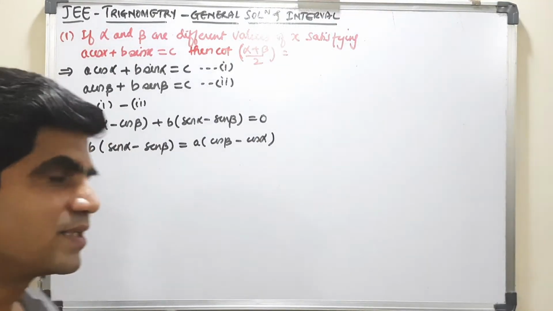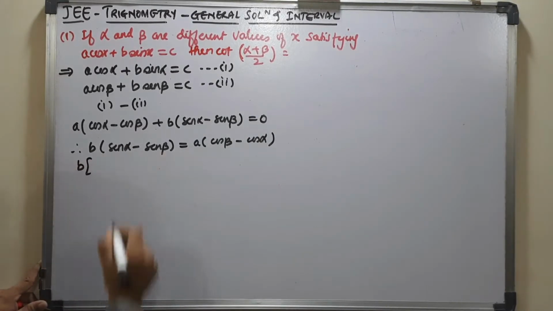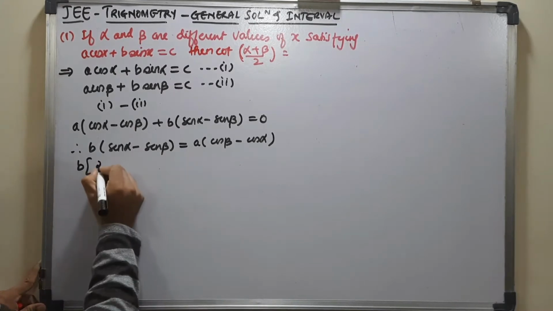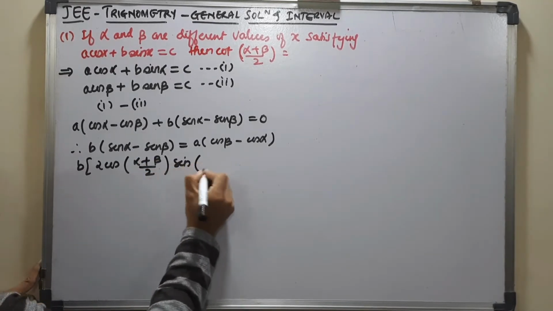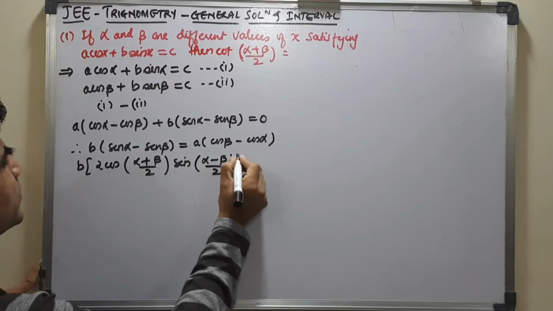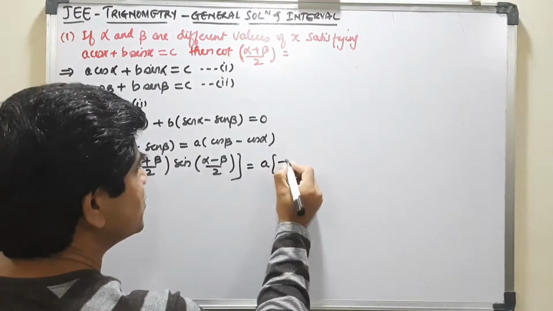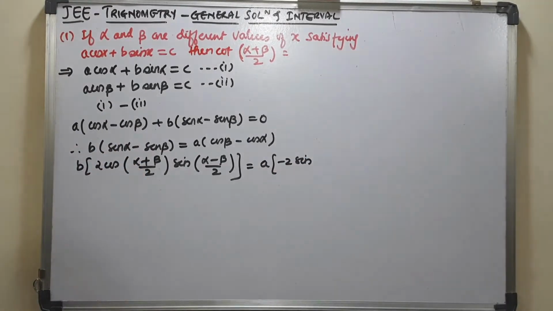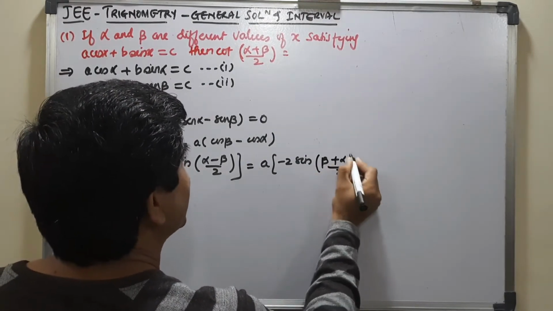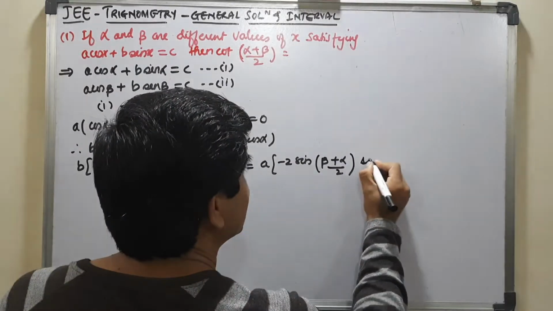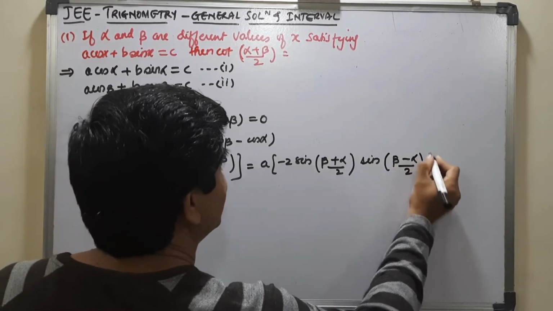So this finally turns out to be b into sin c minus sin d, that is 2 cos c plus d by 2 into sin c minus d by 2, and same over here, that is minus 2 sin c plus d by 2, that is beta plus alpha divided by 2 into sin c minus d, that is beta minus alpha by 2.